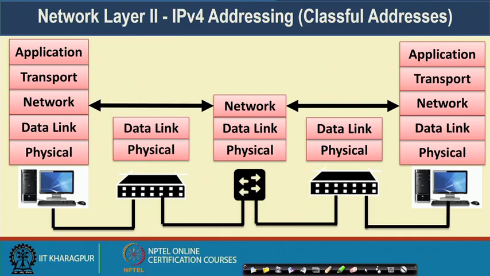The initial version of the Internet Protocol was IP version 4, and nowadays also most of the time we use IPv4. There is another version of IP which people have explored, which is not generally used, but in many countries that version is also being used.